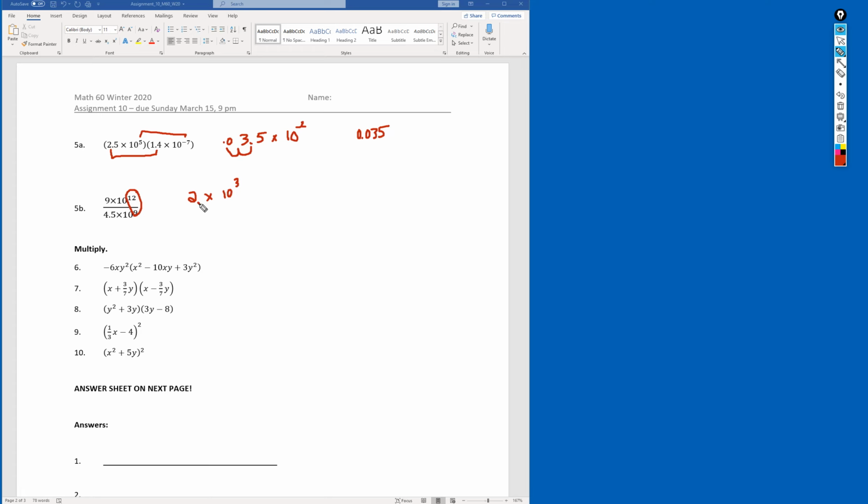Here's where the decimal point is, and we got to move 3 positions this way, 3 loops. In other words, add 3 zeros. So that becomes 2,000. Okay. All right, going to erase and move.